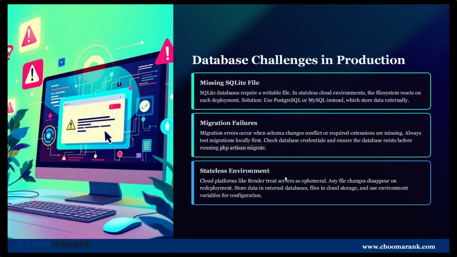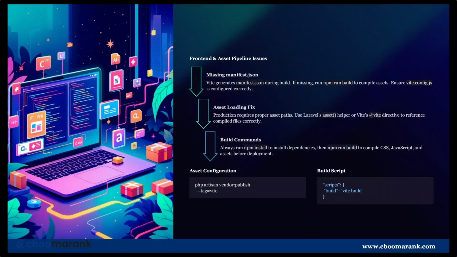When we say stateless environment, this means the server doesn't remember a previous state. Every deployment is like starting fresh. So if you store files locally, they will be lost. That's why we use external services like database, file storage, and configuration. This is how scalable systems are built.